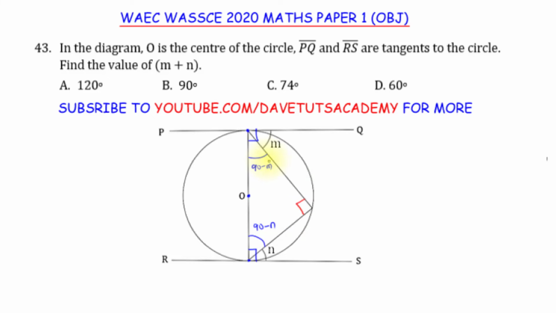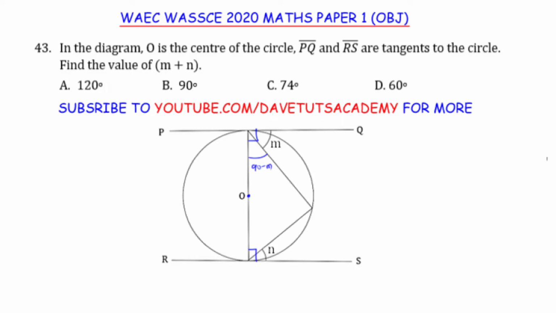So if this is 90, the other two, 90 minus m and 90 minus n, also go to 90 because these angles constitute angles of a triangle, and the sum of angles of a triangle is 180 degrees. So if we sum them, you can actually find the value of m plus n. That's one way, but that's not what I want to do here.